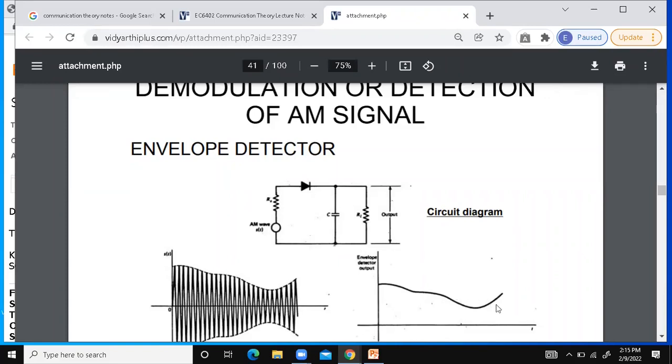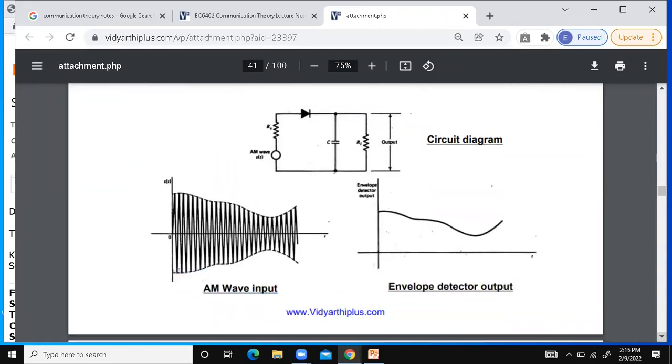I know it's not in an easier box, not easy. So what we have here is your AM wave input.